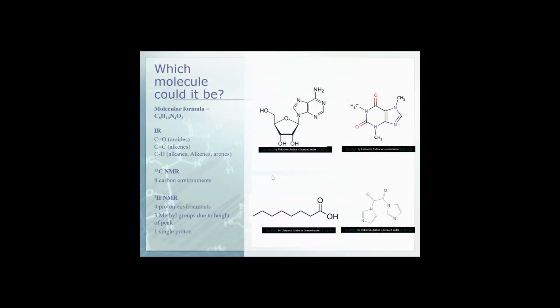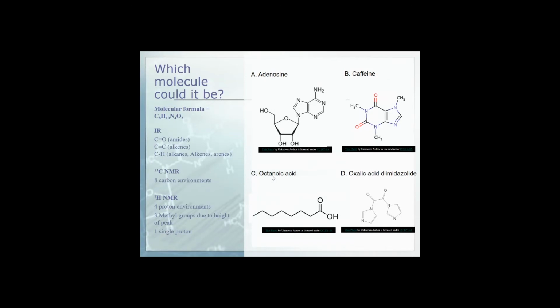So from all the information we've found, I want you to work out whether you think it's adenosine, caffeine, octanoic acid, and here's my favourite one, which I'll probably say wrong, I'm going to start laughing, oxalic acid. Now what's the last part? Dimetabolite. Okay, so we're going to chuck a poll up and see if you can work out which one you think it is. Try and stop laughing.